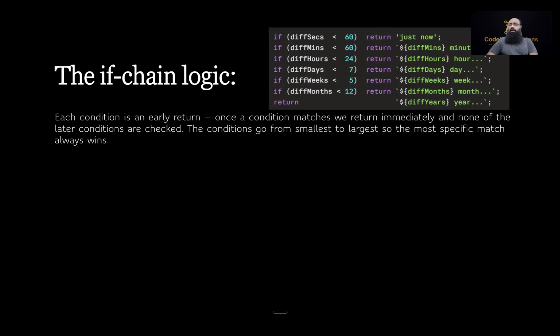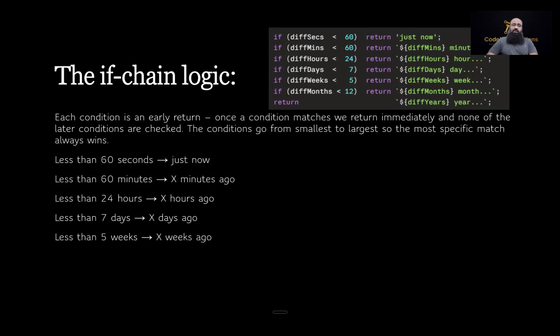The conditions go from smallest to largest. So whichever matches first wins and gets returned. As I just discussed, 60 seconds, 60 minutes, or 24 hours. Whatever the case, it's going to return just now, 10 minutes ago, or something like that.